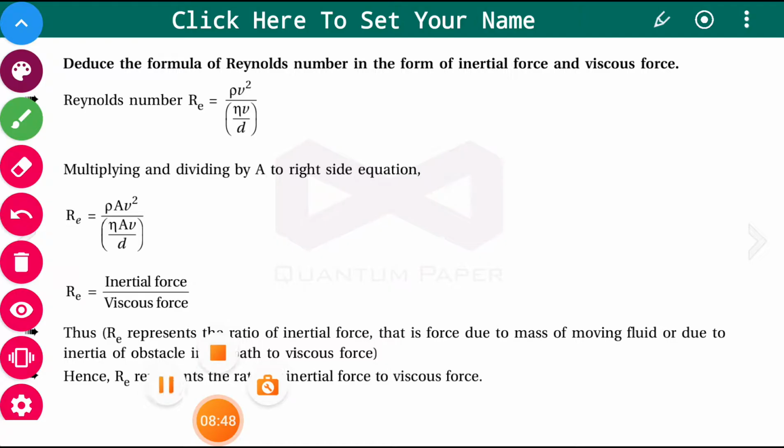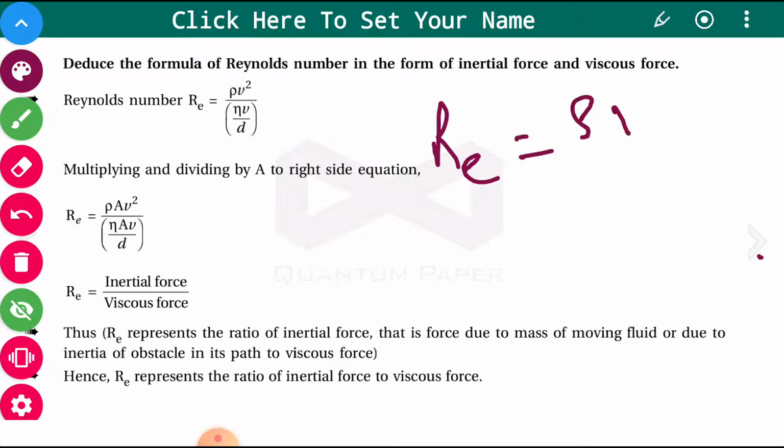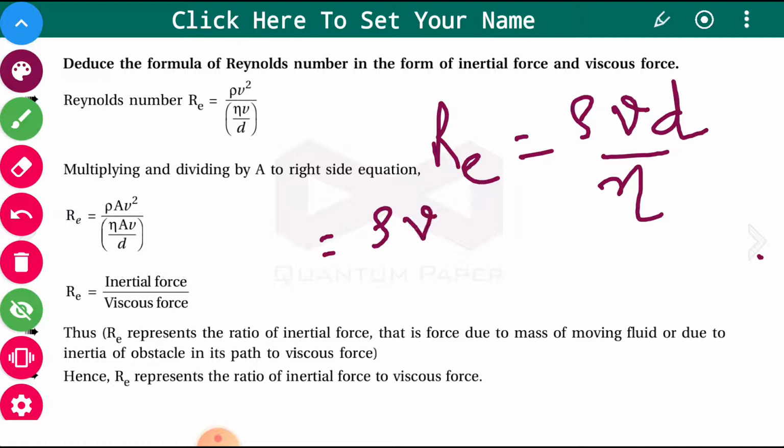Now we have a formula of the Reynolds number in the form of inertial force and viscous force. Reynolds number Re is rho v d upon eta. Now you can rearrange this as rho into v, divided by eta, with d taken in the denominator.